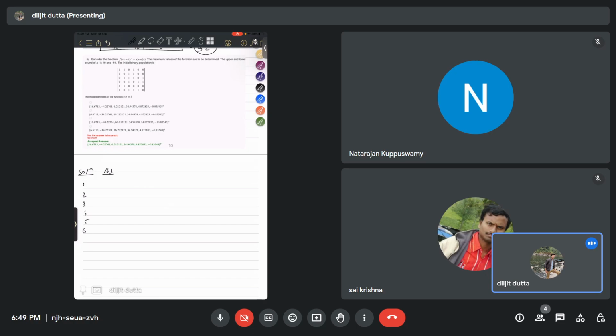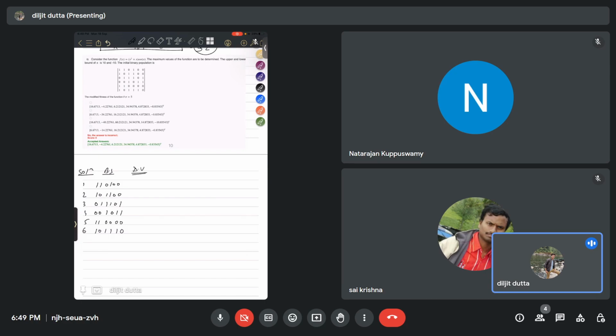The binary solutions are 1 1 0 1 0 0, 1 0 1 1 0 0, 0 1 1 1 0 1, 0 0 1 0 1 1, 1 1 0 0 0 0, 1 0 1 1 1 0. This is the binary solution. Now first we have to get the decoded value.